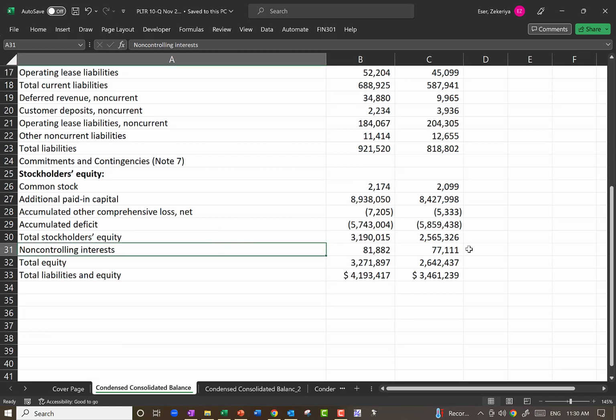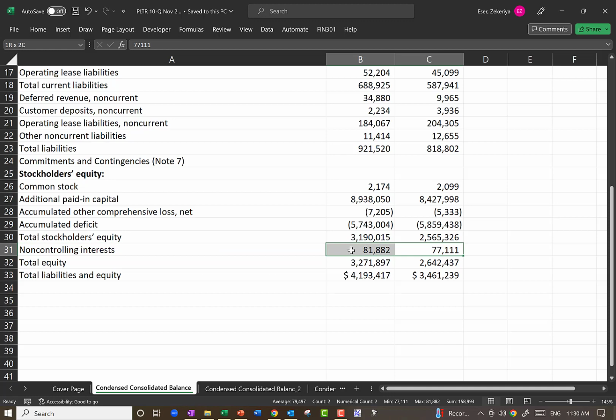On the stockholders' equity, there is one item that we're going to look at. It's non-controlling interest. If the company has subsidiaries where they, by law, have to consolidate, but they don't have a controlling interest, you have to write that off as a non-controlling interest.